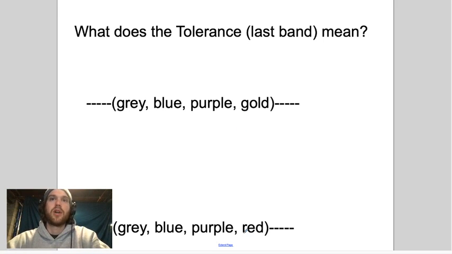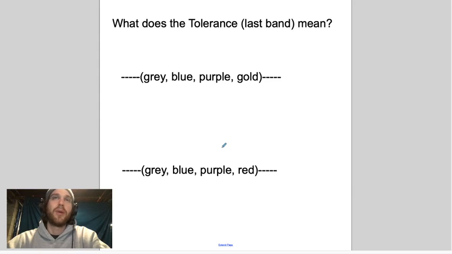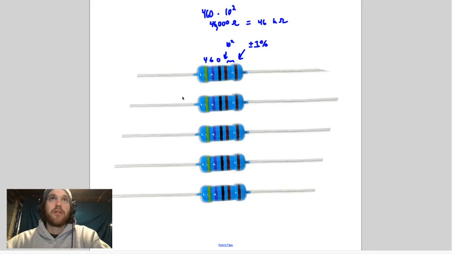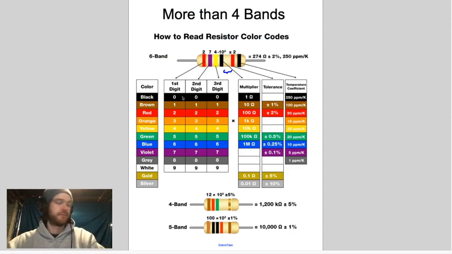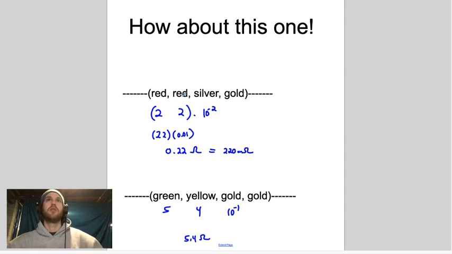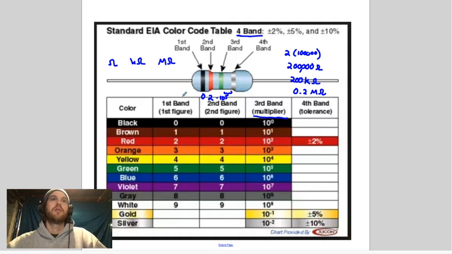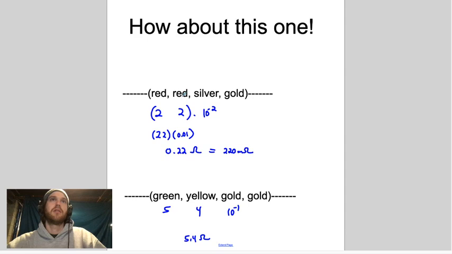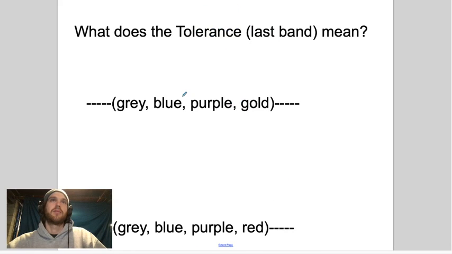Okay, so let's take a look at these. This is the same one, but these are 4-band resistors, and we're going to do this together. We're going to find the tolerance for each. Okay, so let's look back. Gray was 8, white is 9. All right, let's take a look. So gray is 8, blue is 6, purple is times 10 to the 7th.